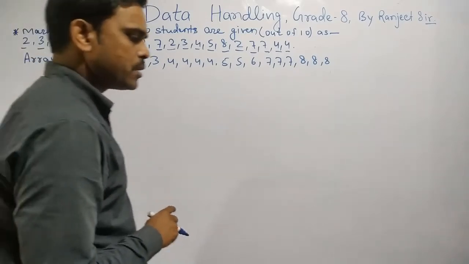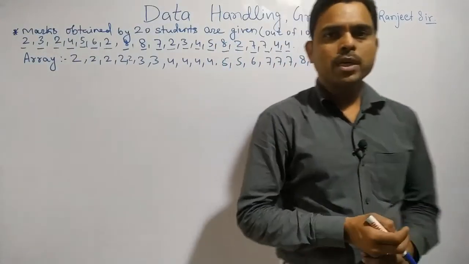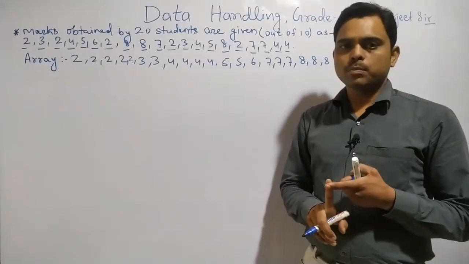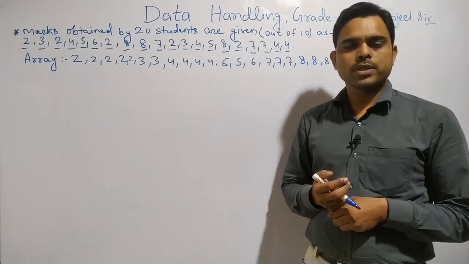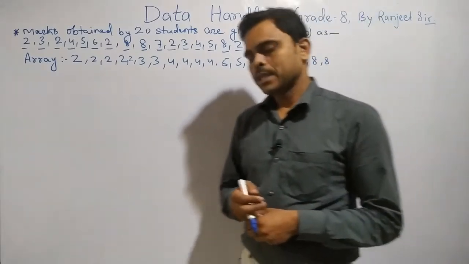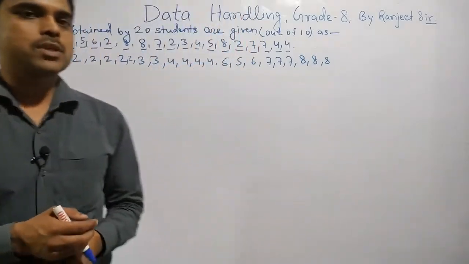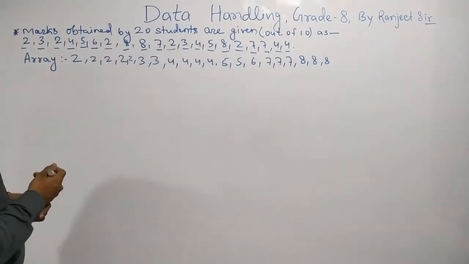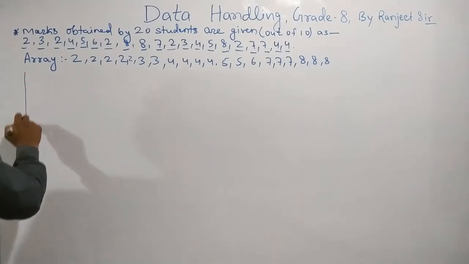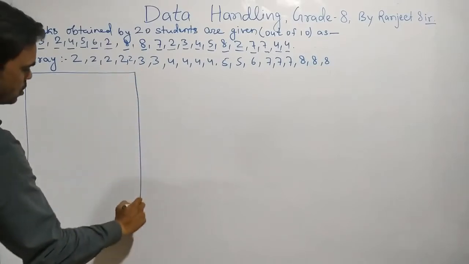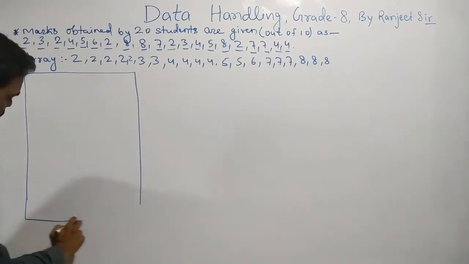Now we will make two different types of table. One without making groups, and another a frequency distribution table of grouped data. So let's see how to make a frequency distribution table without grouping, and with grouping. First of all, I create this table.